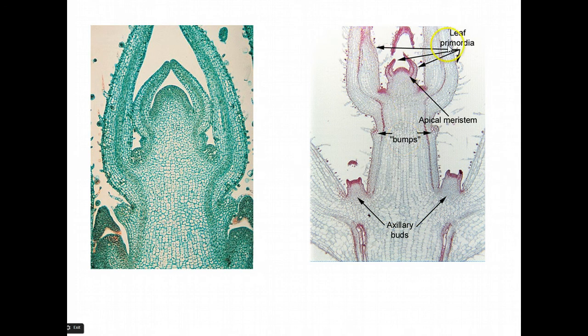So these are all leaf primordia, and this part right here, the apical meristem, is basically the only place in the plant that cells divide. So the root and the shoot both have these very, very specific places.